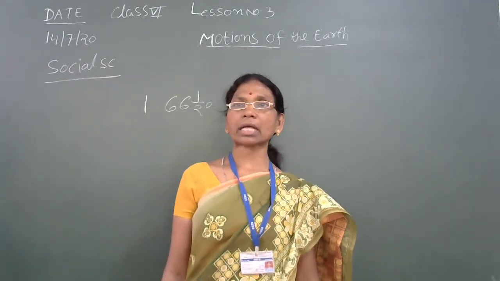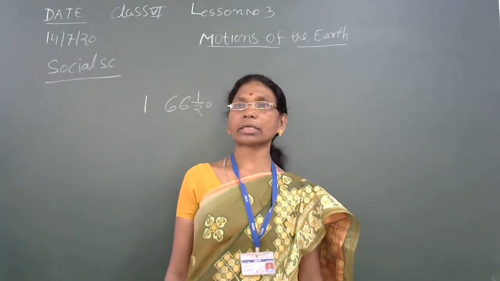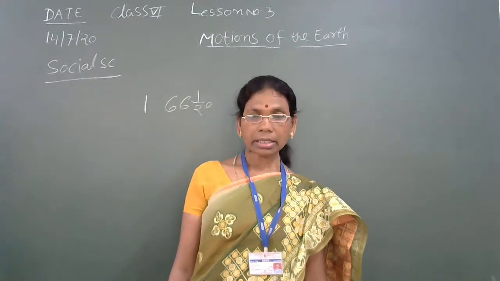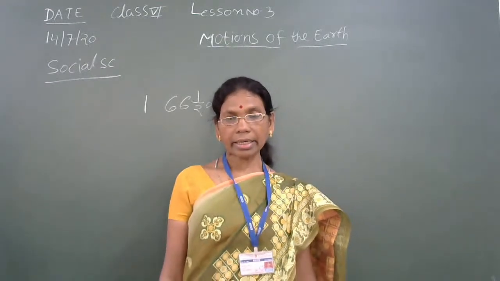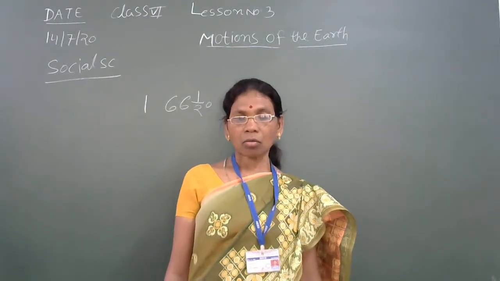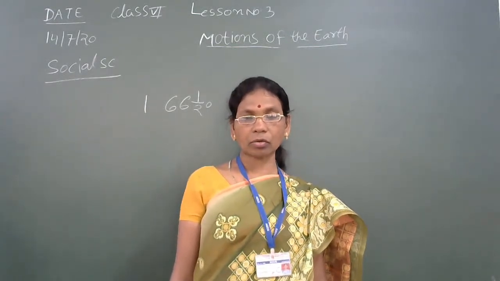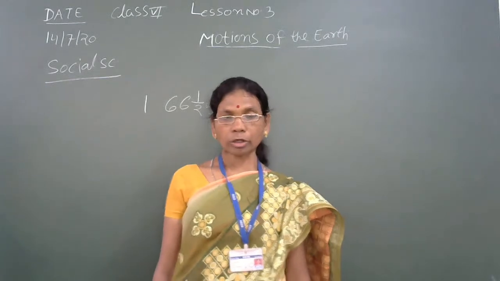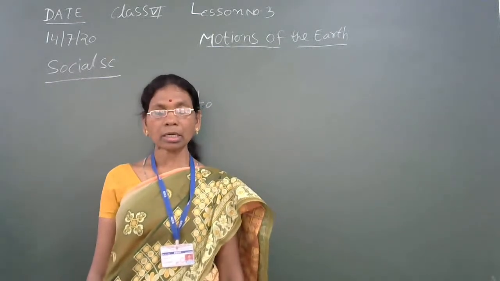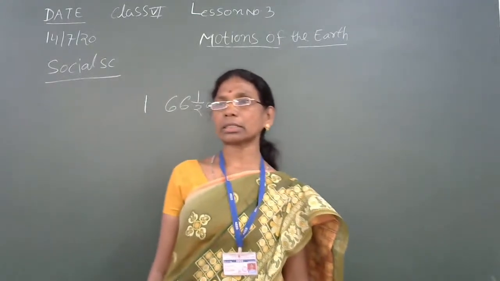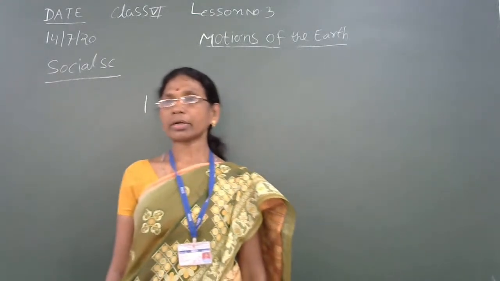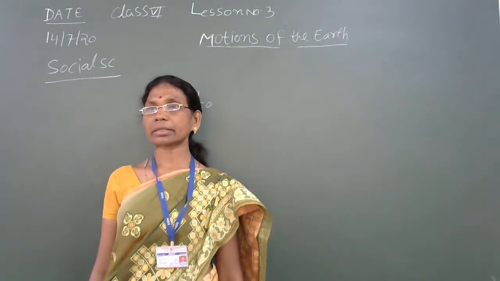What is the correct answer? Revolution. Second, direct rays of the sun fall on the equator on dash: 21st March, 21st June, or 22nd December. What is the correct answer?